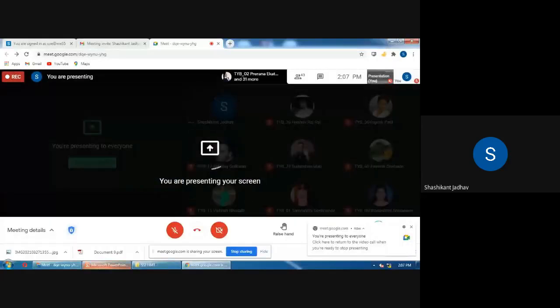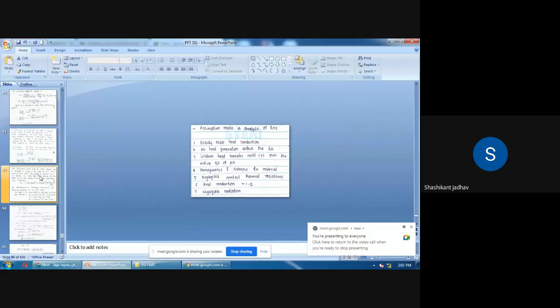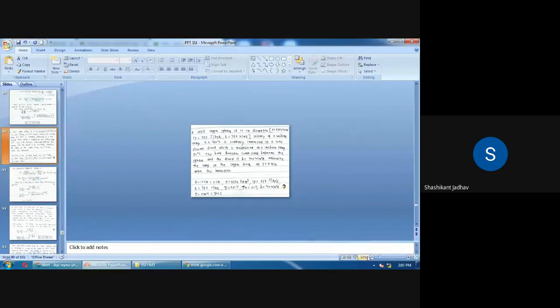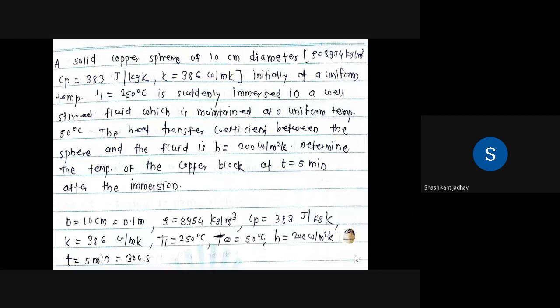All of you write down the second problem. A solid copper sphere of 10 centimeter diameter, in bracket rho is equal to 8954 kg per meter cube.